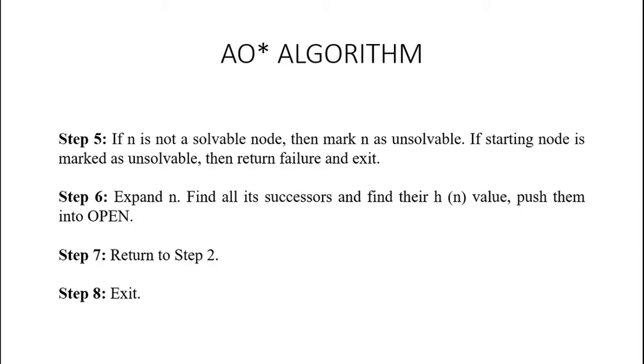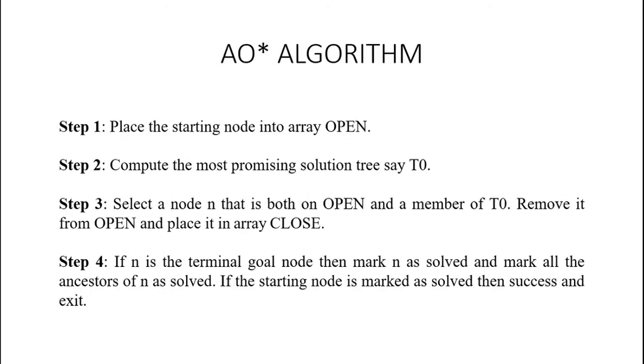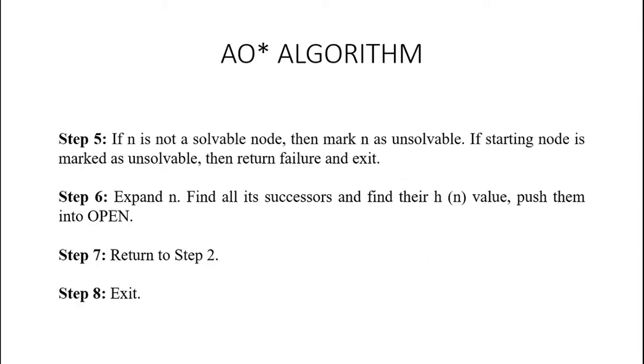Now in step 7, all the successors of the node n go through the same steps from step 2 to step 6 until we find a node which is our terminal goal node. Then in step 8, the program exits when we have reached our terminal goal node.